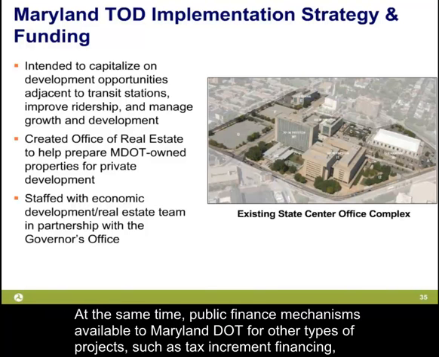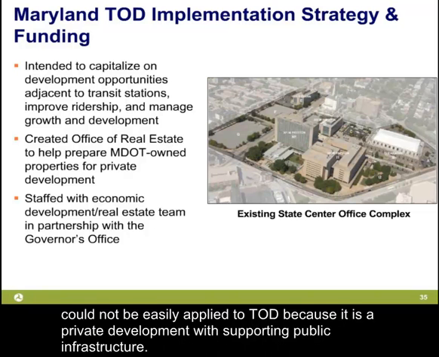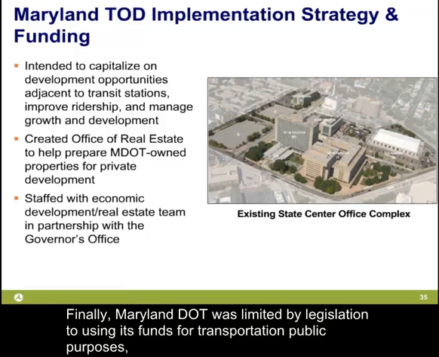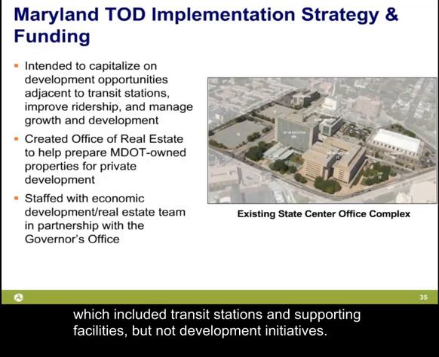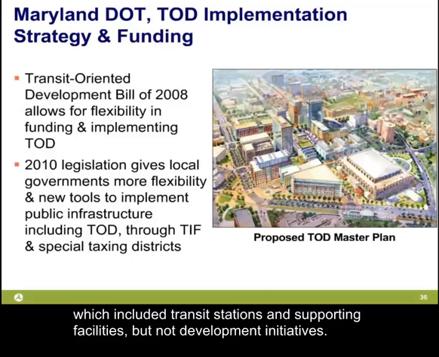At the same time, public finance mechanisms available to Maryland DOT for other types of projects, such as tax increment financing, could not be easily applied to TOD because it is a private development with supporting public infrastructure. Finally, Maryland DOT was limited by legislation to using its funds for transportation public purposes, which included transit stations and supporting facilities, but not development initiatives.